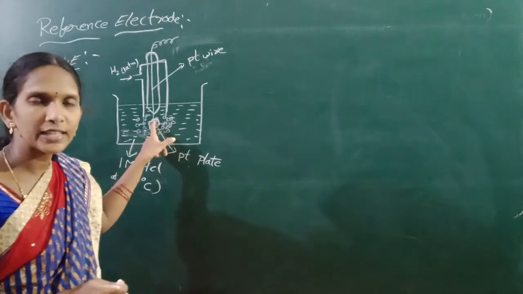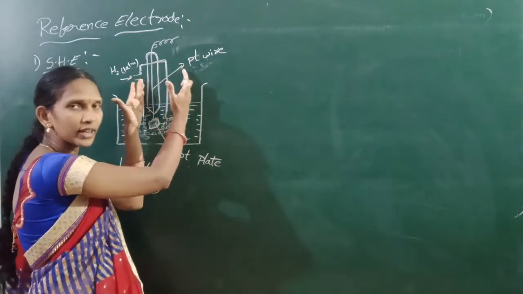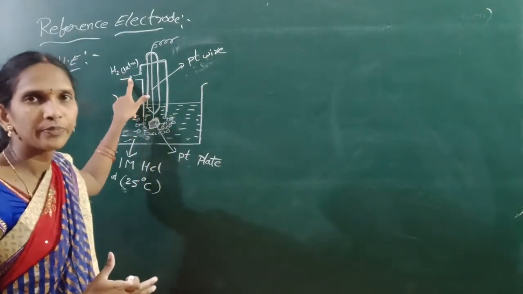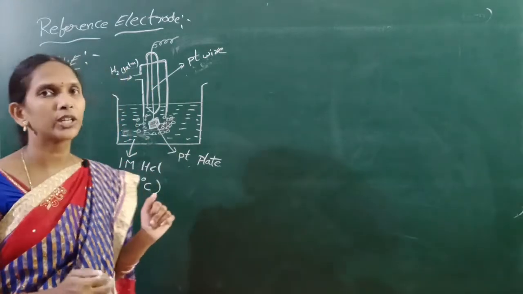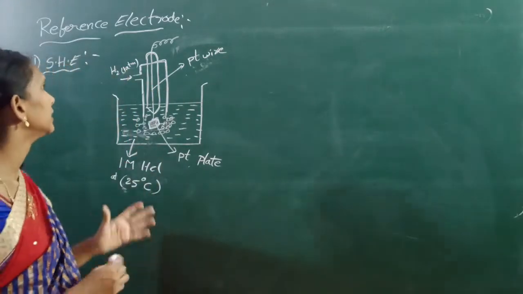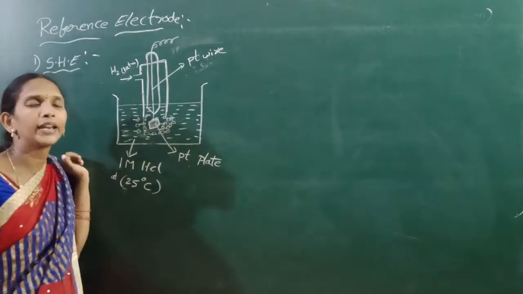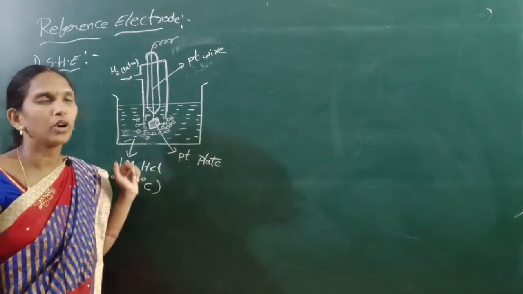This platinum plate is coated with platinum black and fitted within the outer glass tube, which has an inlet for supplying hydrogen gas at 1 atmospheric pressure. This acts as an electrode.